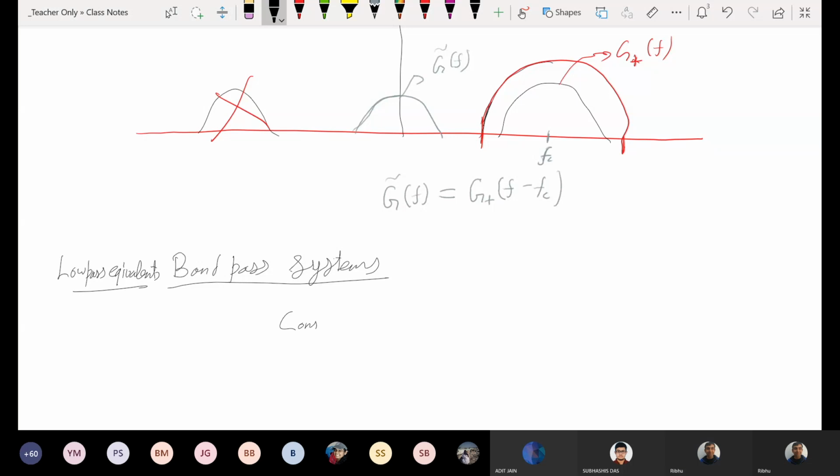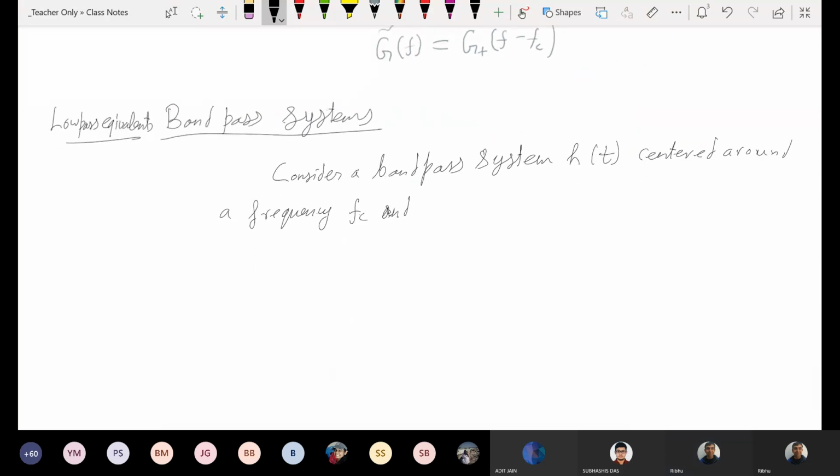So consider a bandpass system HT centered around a frequency FC, and having a low pass equivalent.